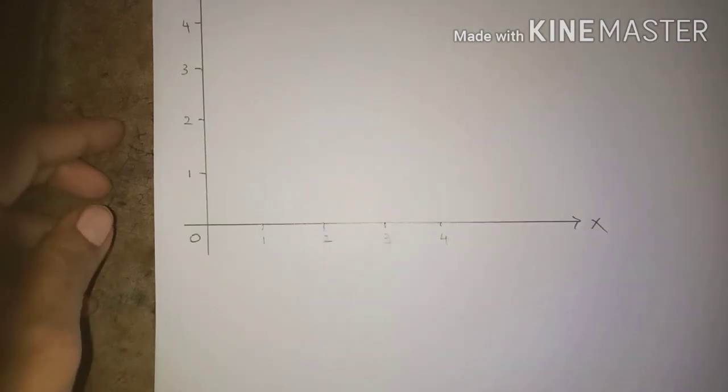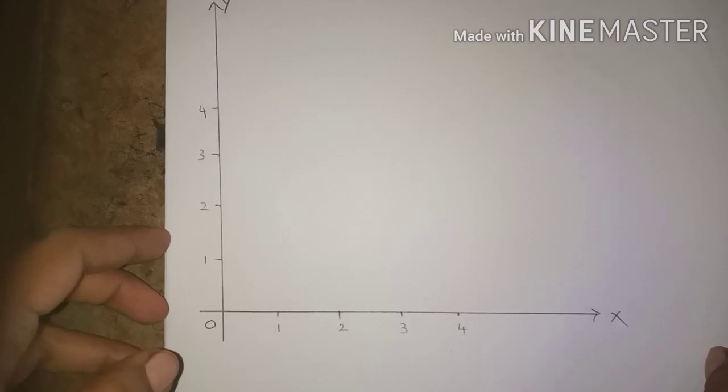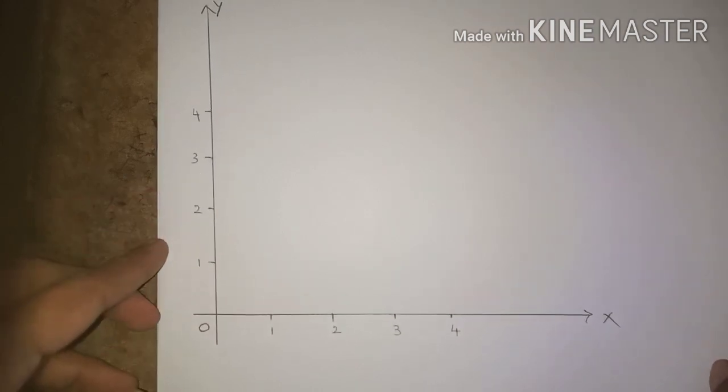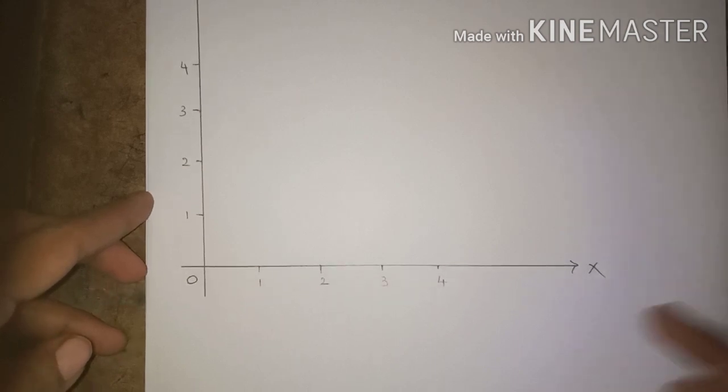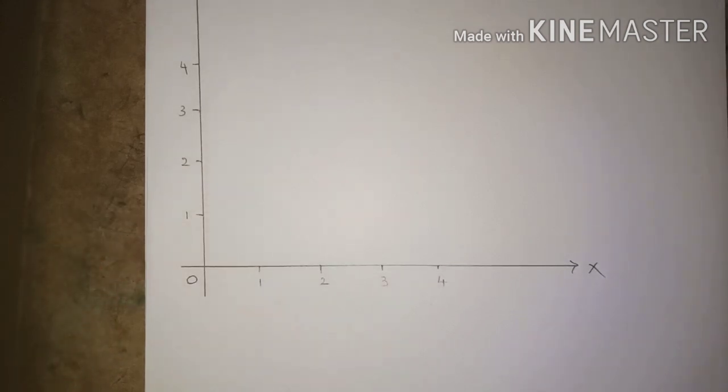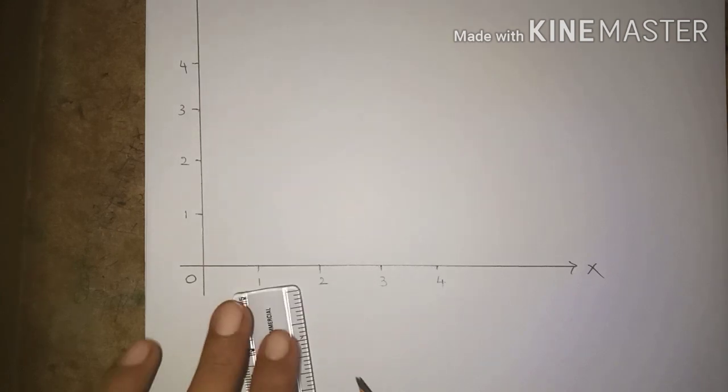To plot the graph, I took the x-axis and y-axis like this. On the x-axis I have taken 1, 2, 3, 4, and on the y-axis I have taken 1, 2, 3, 4, and we will draw the graph here.